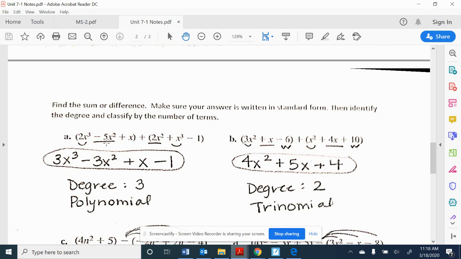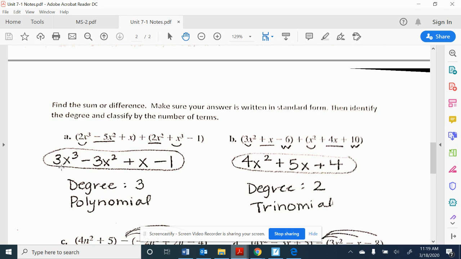Minus 5x squared plus 2x squared is minus 3x squared. Plus x, now there's nothing to combine with the x, so we keep the plus x. And the minus 1, nothing to combine with that. So notice that this polynomial is in standard form. 3x cubed minus 3x squared plus x minus 1.